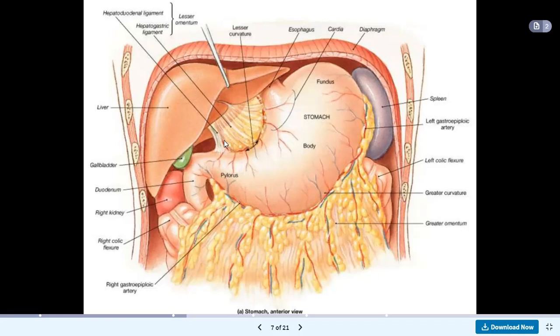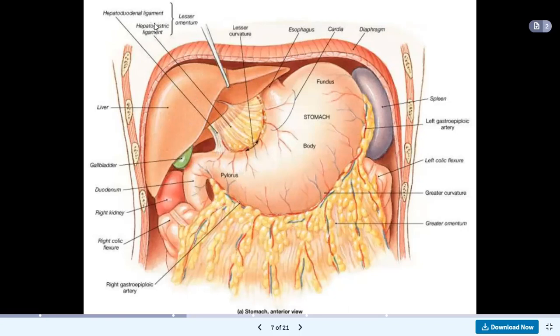So the lesser omentum is made up of two ligaments. And these ligaments are the hepatogastric ligament, which joins the liver to the stomach. So there's the ligament connecting the stomach to the liver, so we'll call it hepatogastric. And then there is another ligament which connects the duodenum to the liver, and we call it the hepatoduodenal ligament.